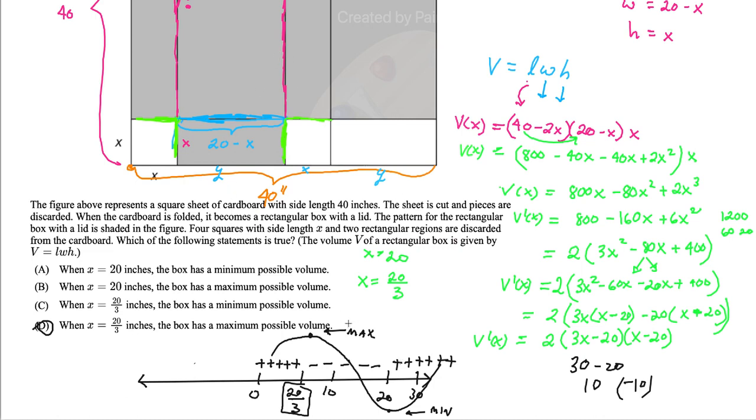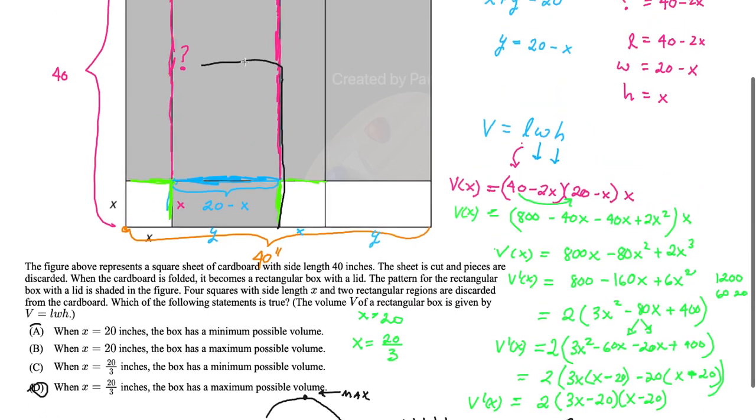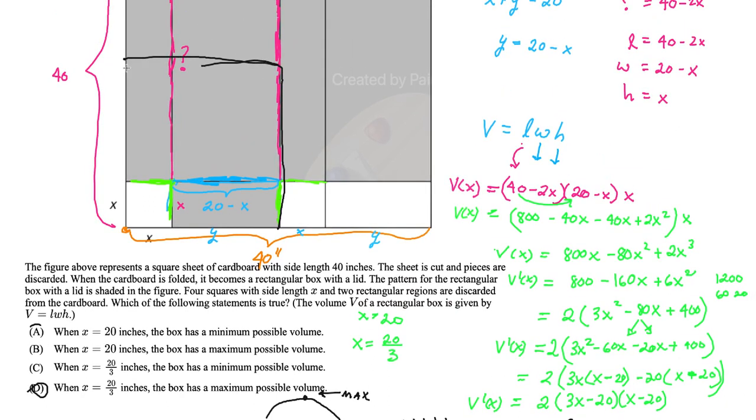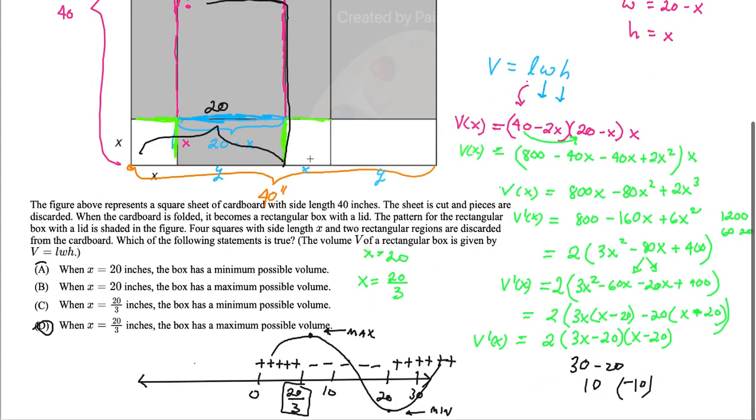We have to be careful, because why is it that this one is not gonna make any sense? When x is 20 inches, okay, what happens is that x goes to over here. So look at this figure here. So x being 20 inches is this length right here. And no box can even be formed at that point. And this positive indication is only saying that if you had a negative length.